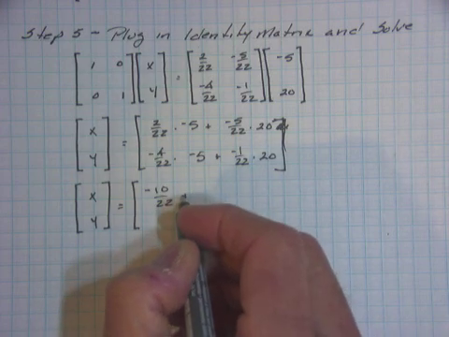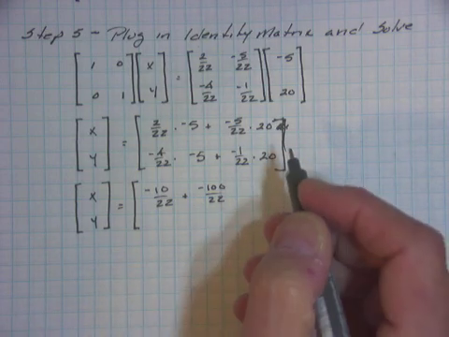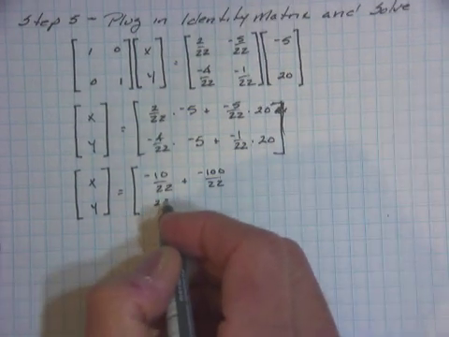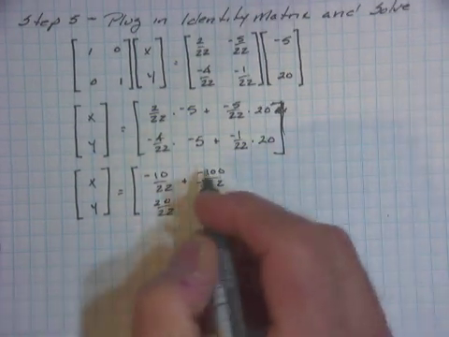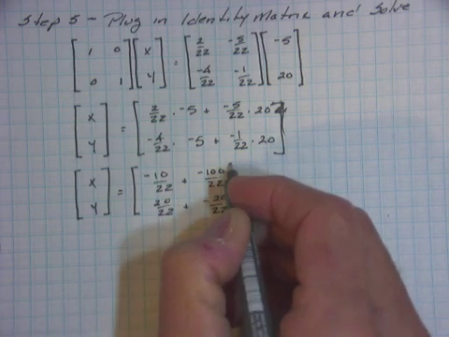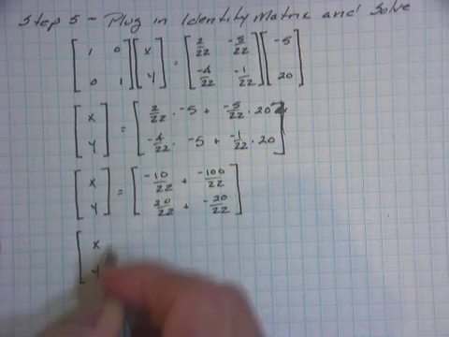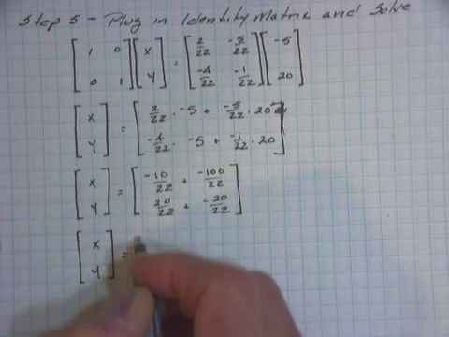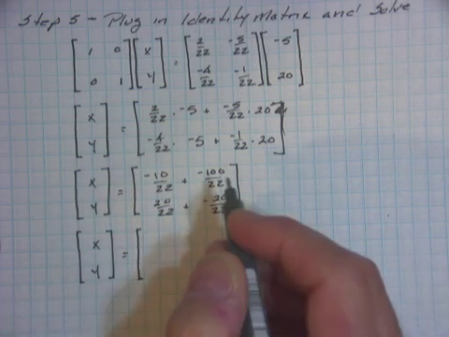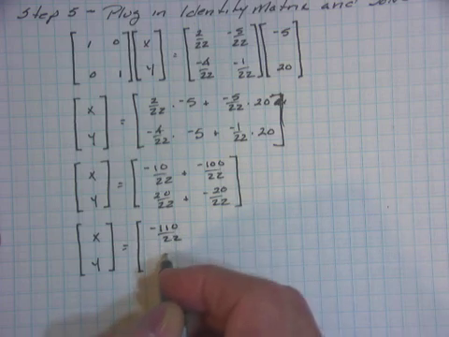Okay, so xy equals, we're going to do some arithmetic, that's negative 10 over 22 plus a negative 100 over 22, and this is 20 over 22 plus a negative 20 over 22.